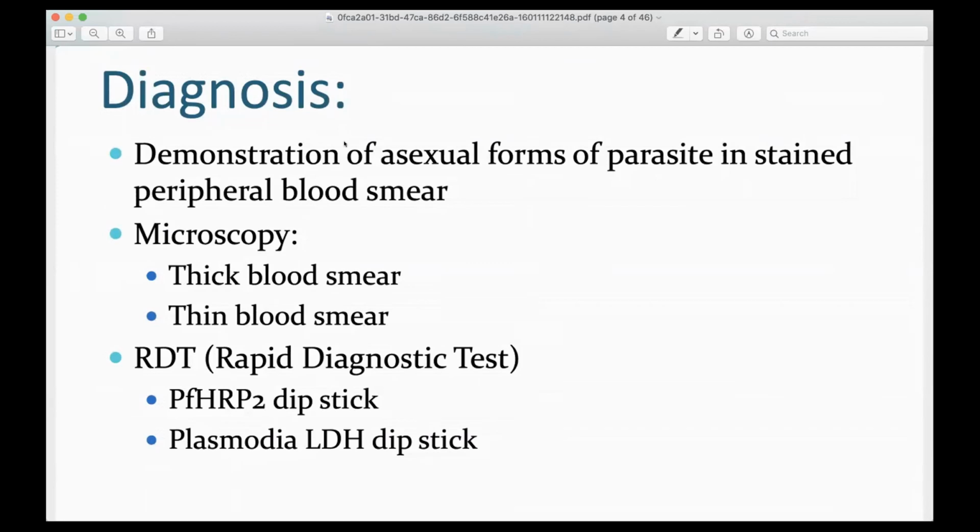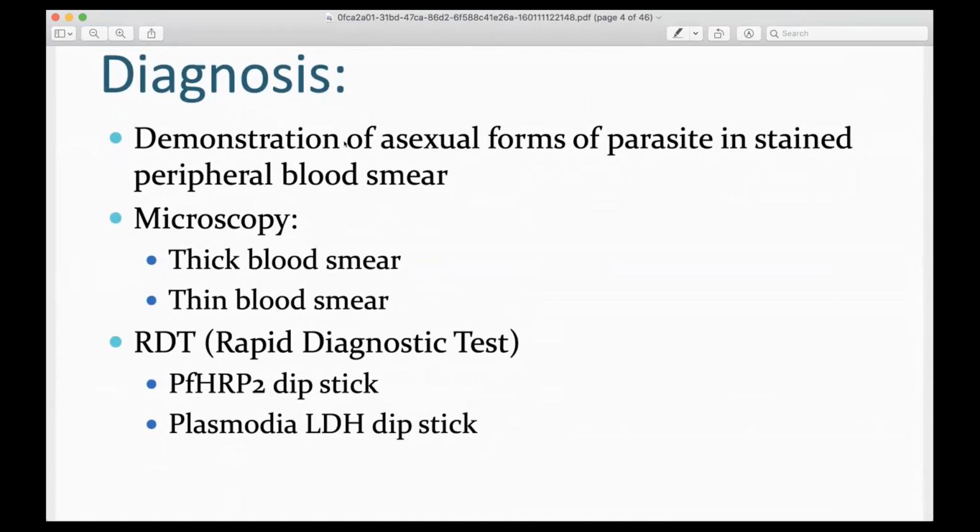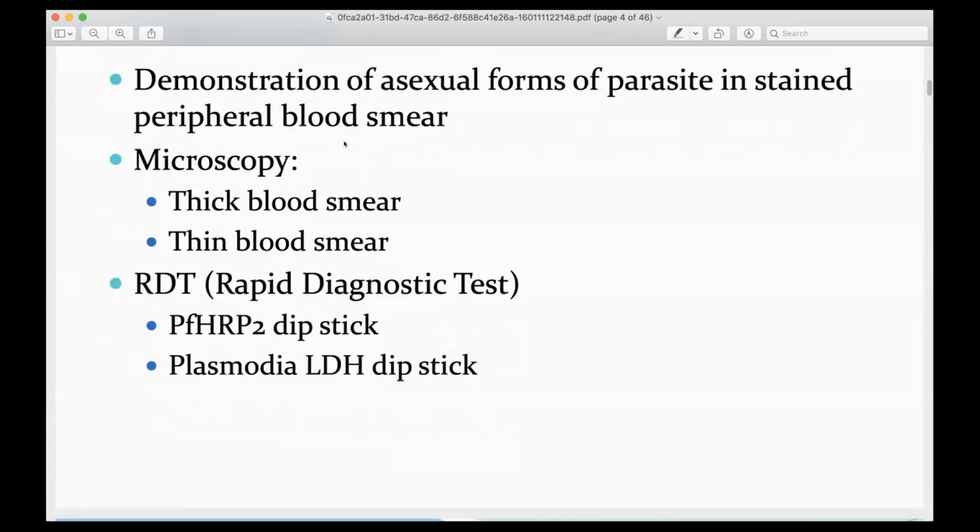We'll discuss in detail. It is the demonstration of the asexual form of the parasite stained in the peripheral blood. The thick blood smear will tell you whether a parasite is there, and the thin blood smear helps to identify which type of Plasmodium is there.